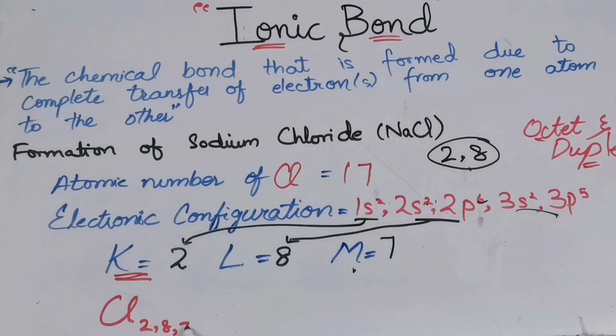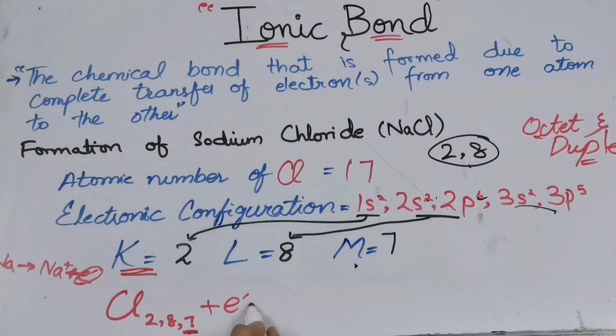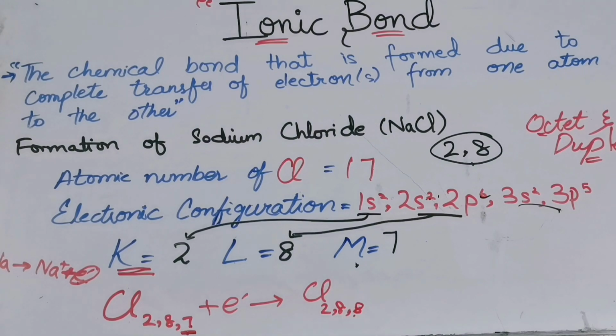If it gains 1 electron, it will have 8 electrons and it will also get the noble gas electronic configuration. So the 1 electron that was lost by the sodium, see over here, the sodium lost its 1 electron, right? Now this 1 electron will be gained by the chlorine. So in this case, chlorine will get 8 electrons in its valence shell.